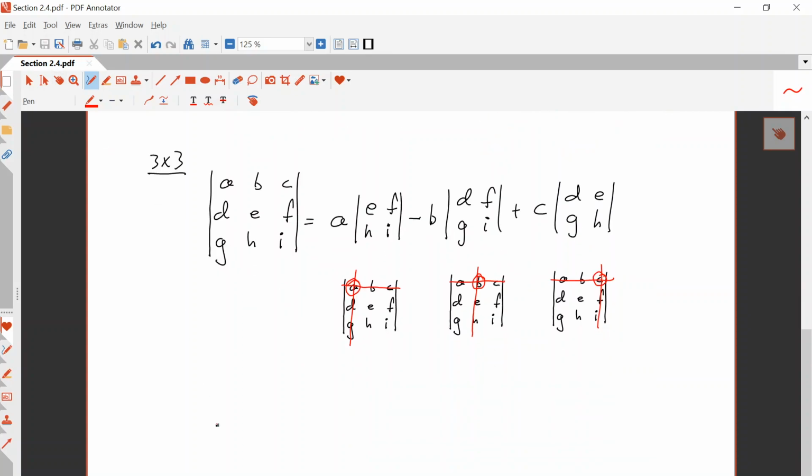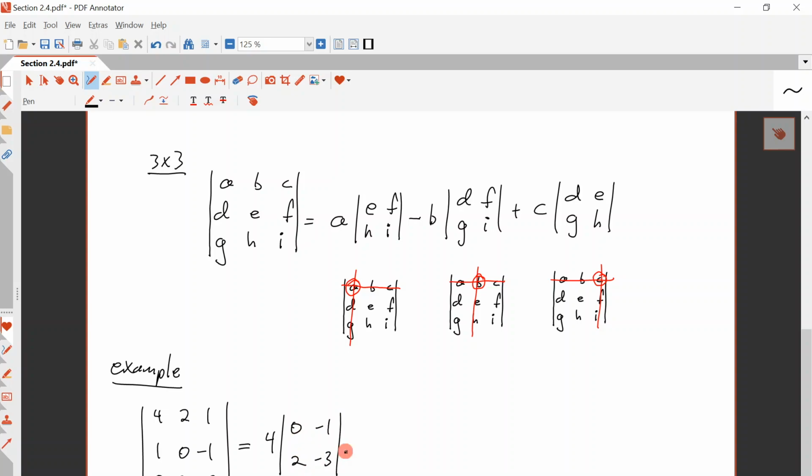Okay, so for example, if I've got 4, 2, 1, 1, 0, minus 1, 0, 2, minus 3, then that 3 by 3 determinant is 4 times the 2 by 2, minus, not plus, but minus, so it's plus, minus, plus, 2 times the 2 by 2 determinant 1, negative 1, 0, minus 3, plus c, which is a 1, times the 2 by 2 determinant 1, 0, 0, 2.